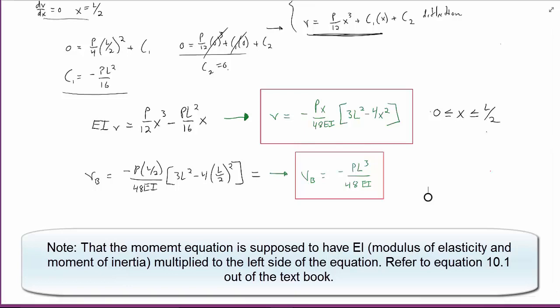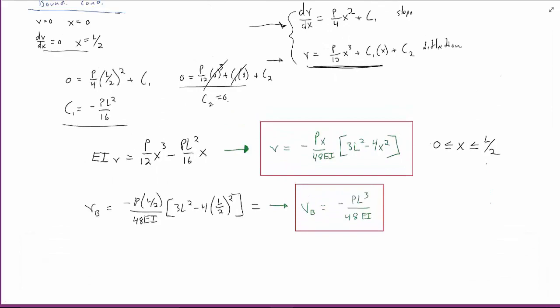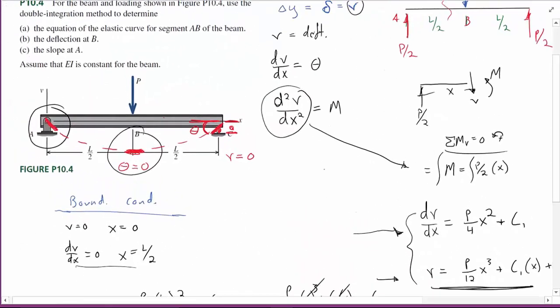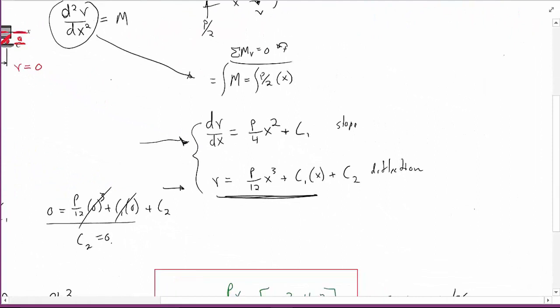So now part C, which we want to find the slope at A. So let me go back up to our problem statement real quick. So it says here, find the slope at A. So we determined there's going to be a slope here at A, but looking at our equations that I was solving for earlier, this is my slope equation, which is the derivative of our deflection equation.